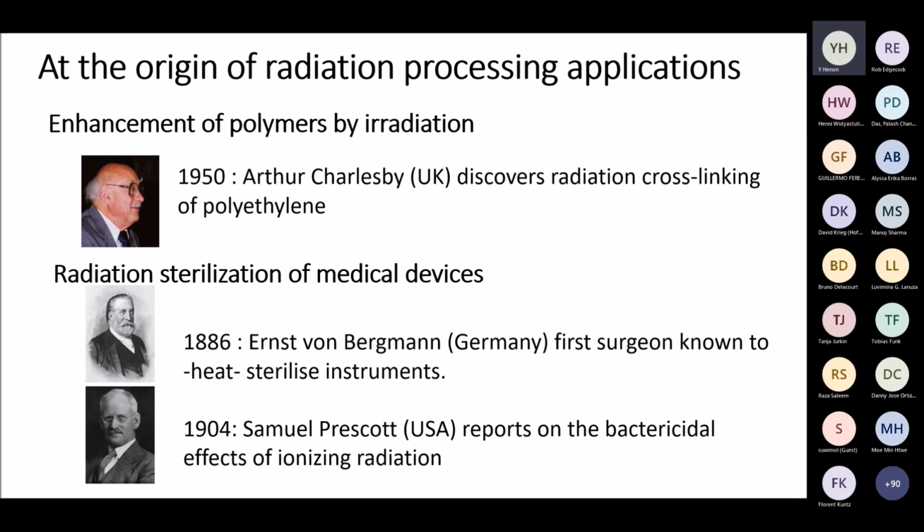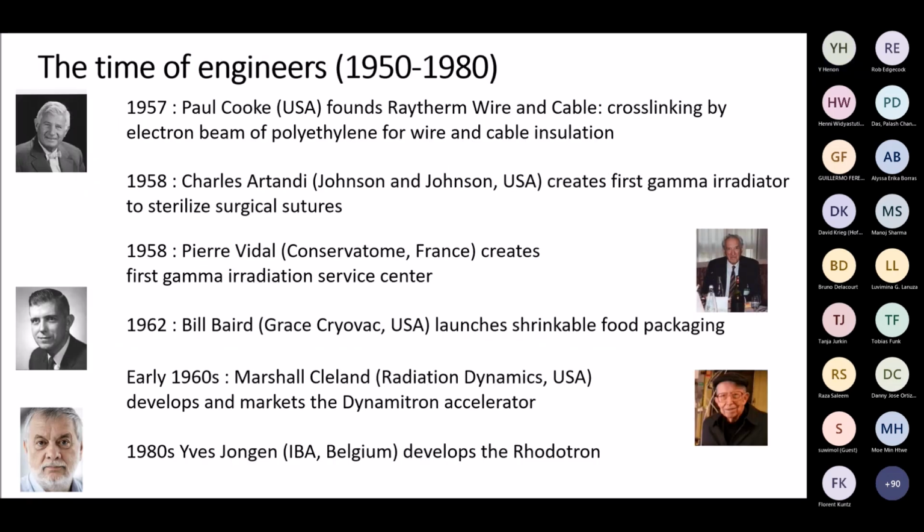And in 1904, it was an American microbiologist, Samuel Prescott, who did a lot of work on processing of food sterilization, canning in particular, who discovered the bactericidal effect of ionizing radiation. So these are some sort of a way the fathers of radiation sterilization.